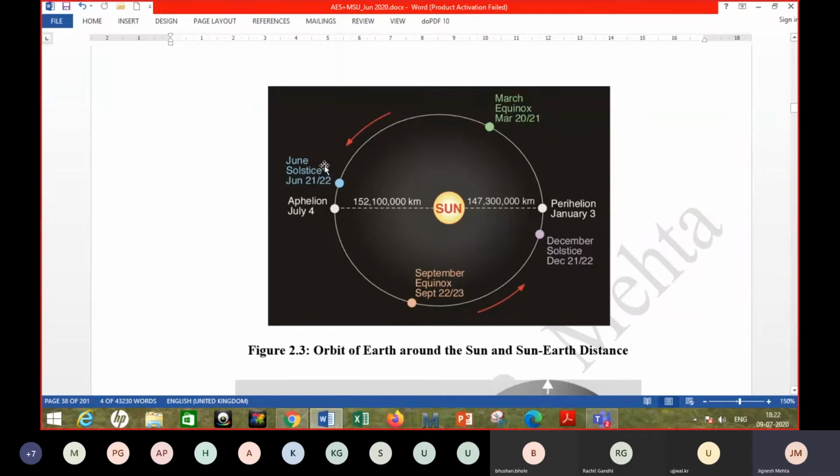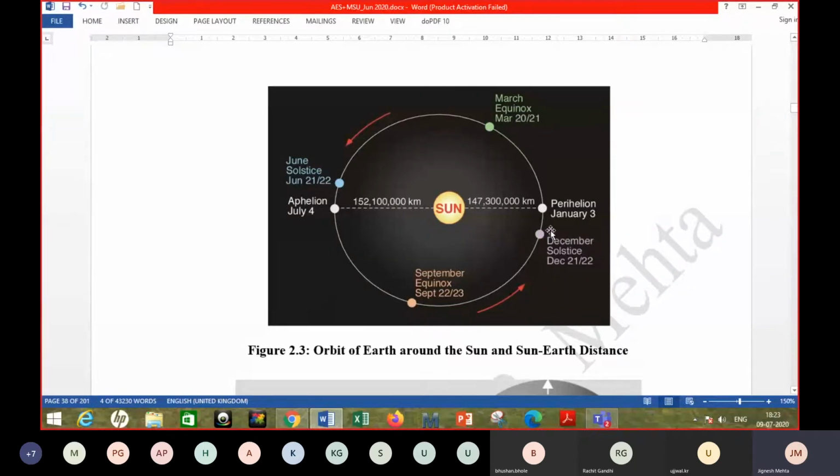This is the June solstice, or you can also call it the summer solstice. This is the September equinox, or since winter starts from here onwards, it may be called the autumnal equinox also. Then on December 21-22 you have another solstice, the winter solstice, right?